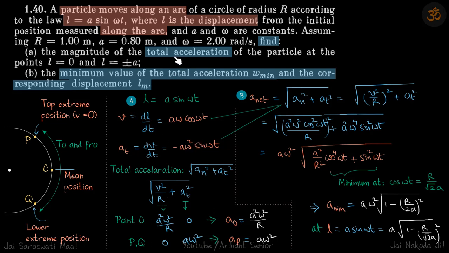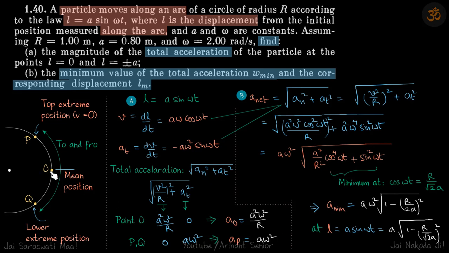Total acceleration he's asking, so that will be root of a_n square plus a_t square. a_n is v square by r, so this will be (v square by r) whole square plus a_t square. Let me write that. So here let's just look at the terms of v square by r and a_t.